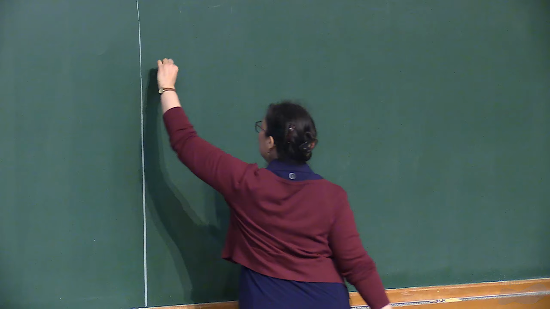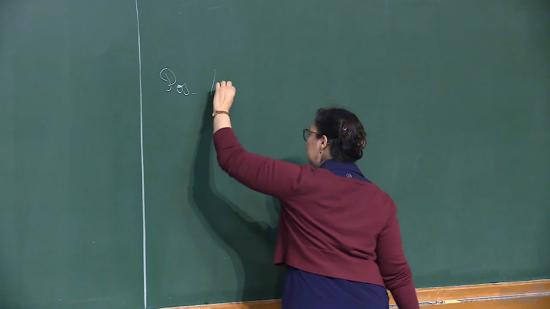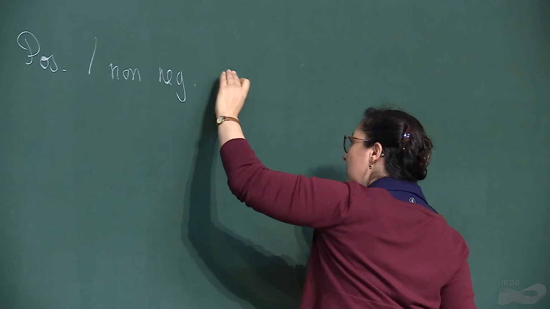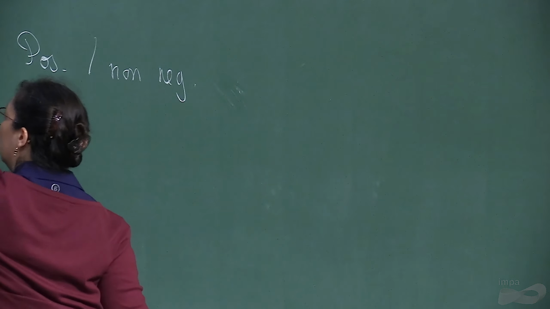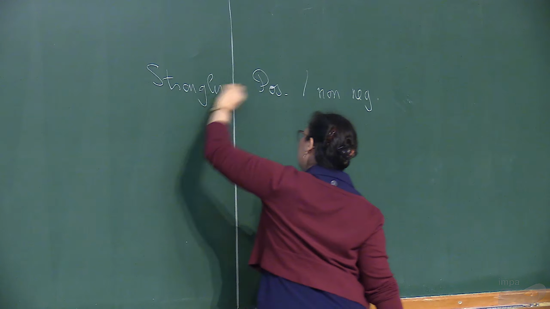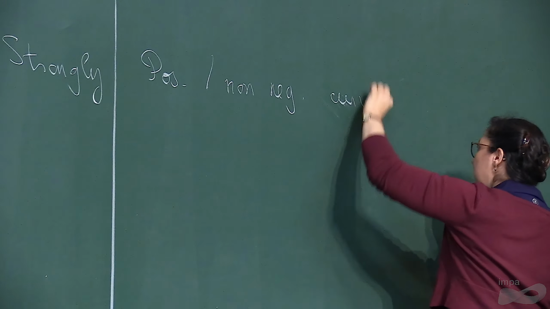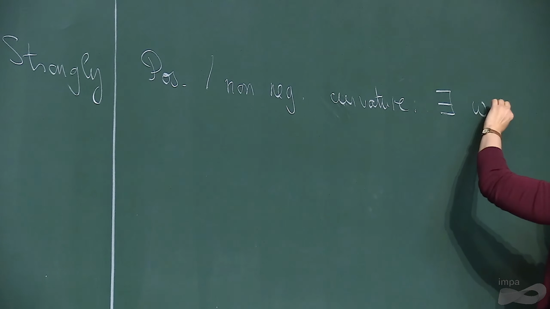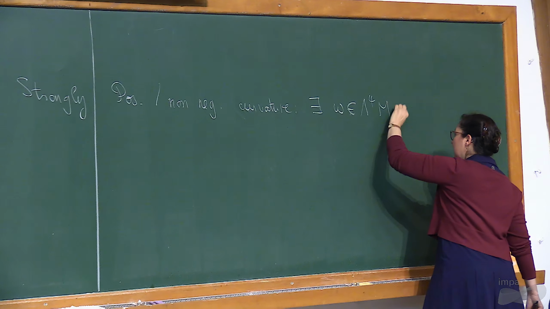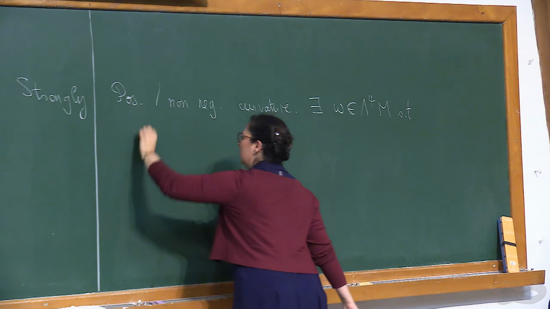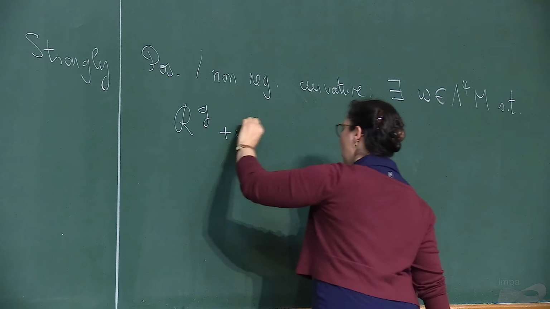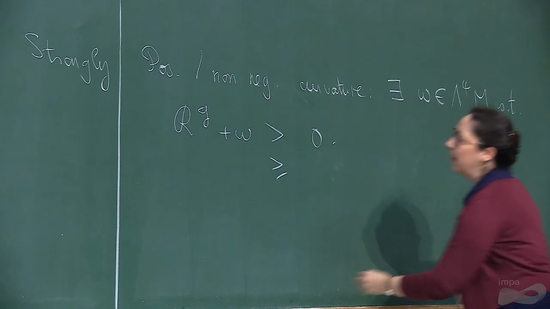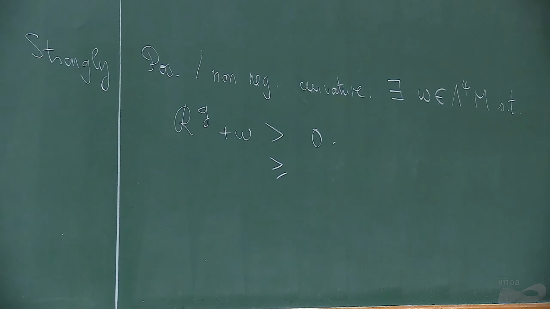Okay, so strongly positive, respectively non-negative curvature, means there exists a four-form such that R_g plus omega is positive or non-negative. Okay, and obviously all the other induced notions from there. Good.